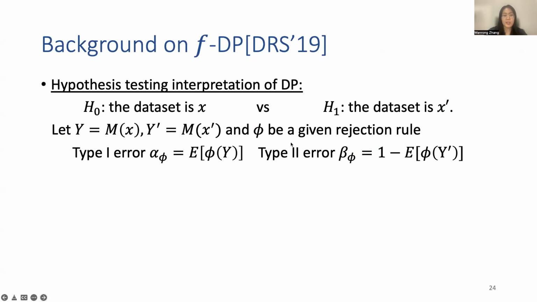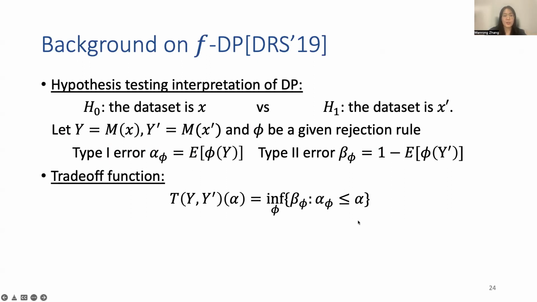And then for a given rejection rule, the type 1 error is the probability of rejecting H0 when H0 is true. And the type 2 error is the probability of failing to reject H0 when H1 is true. With that, we can define the trade-off function as the best type 2 error given the level of the type 1 error. And this trade-off function characterizes the optimal boundary of the achievable and unachievable regions of these errors.